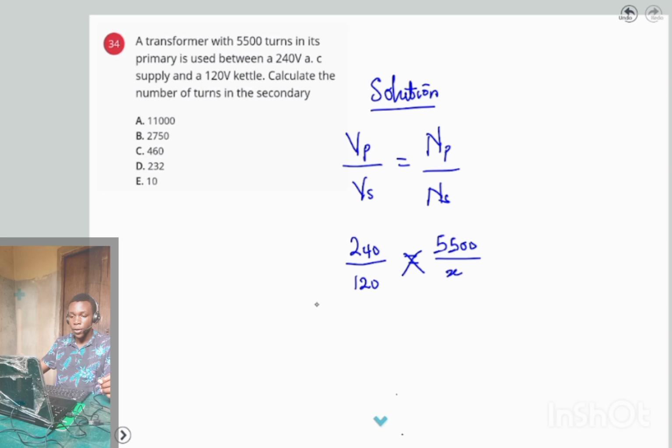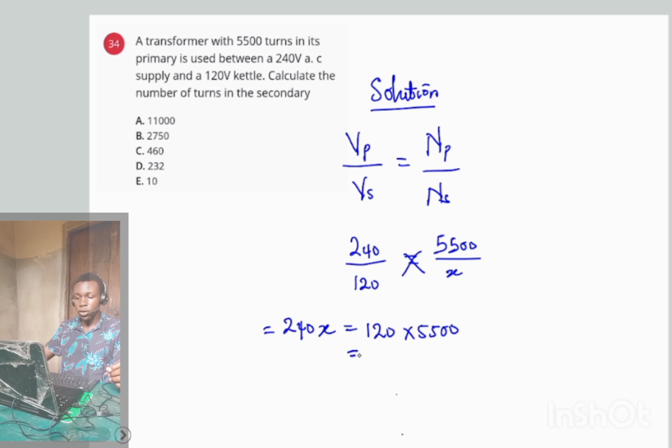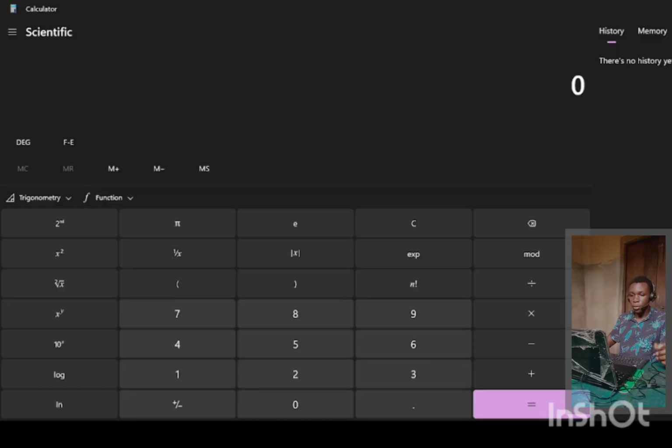So we have 240x is equal to 120 times 5,500. If you were to check that out in a calculator, okay, let's see our calculator. I want to do this every step of the way with you.